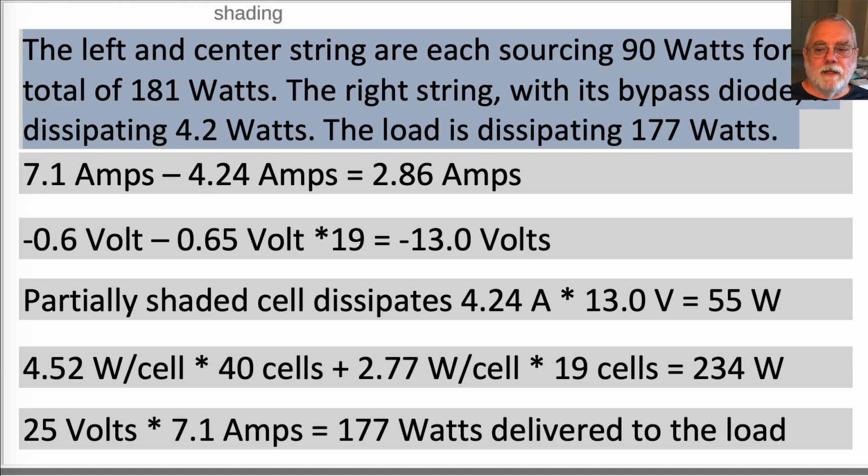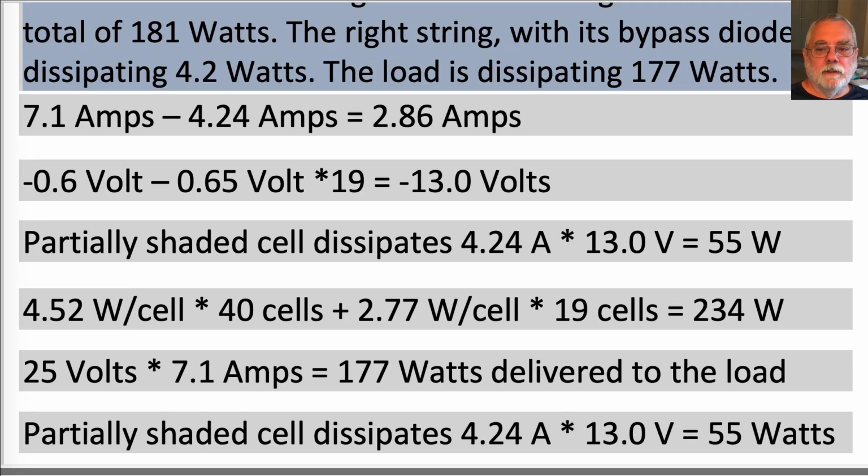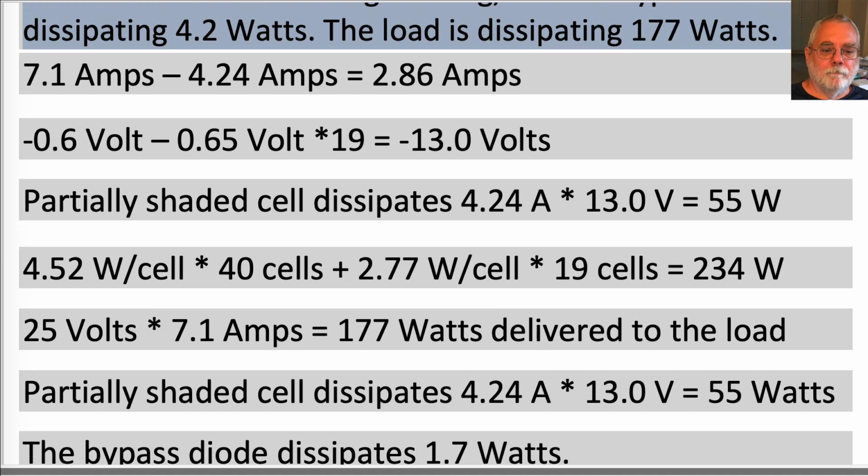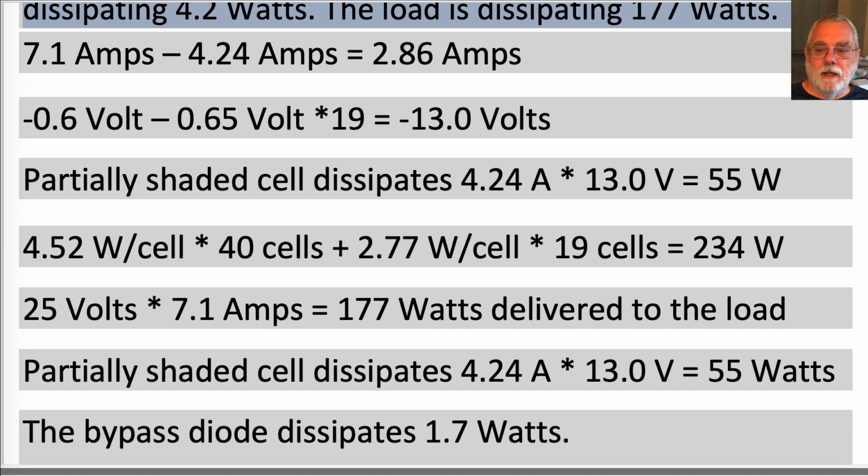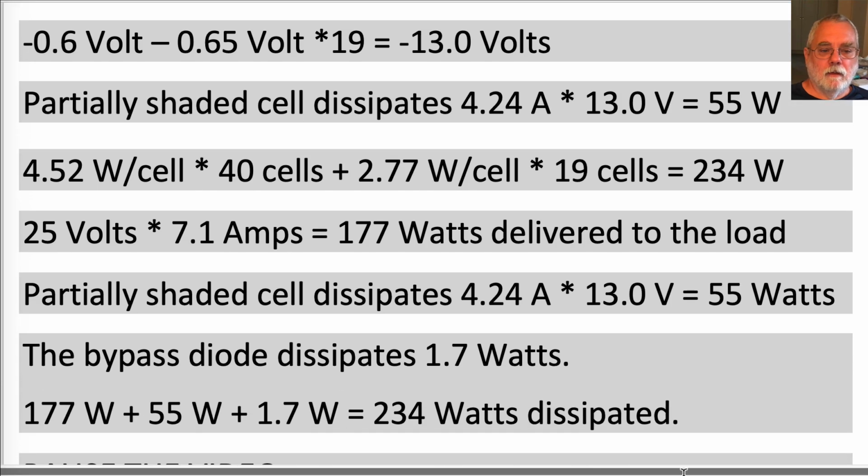That 177 watts is all coming from the two unshaded strings. With the bypass diodes, the partially shaded solar cell dissipates 55 watts. Most of this power comes from the unshaded solar cells in that string in this example. The bypass diode dissipates 1.7 watts.